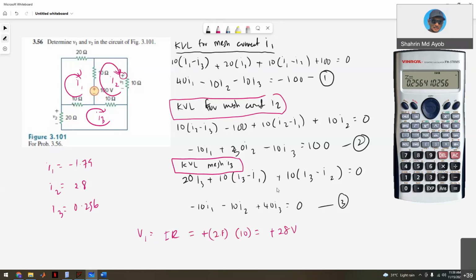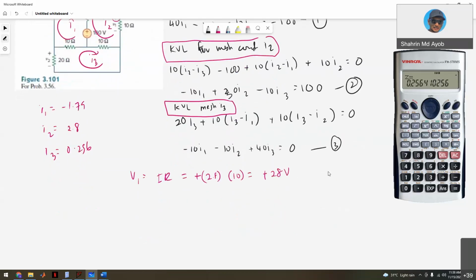Okay. And what about V2? So for your V2, right now, the I3 is entering the negative terminal. So negative IR.